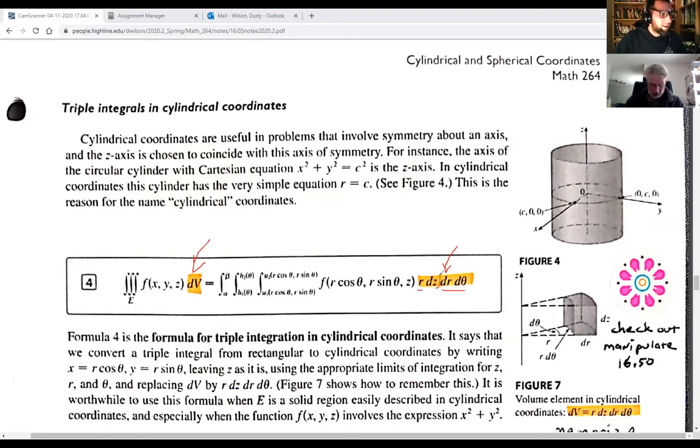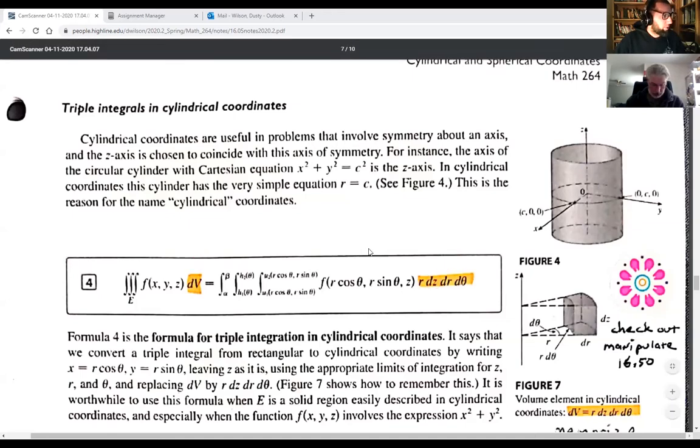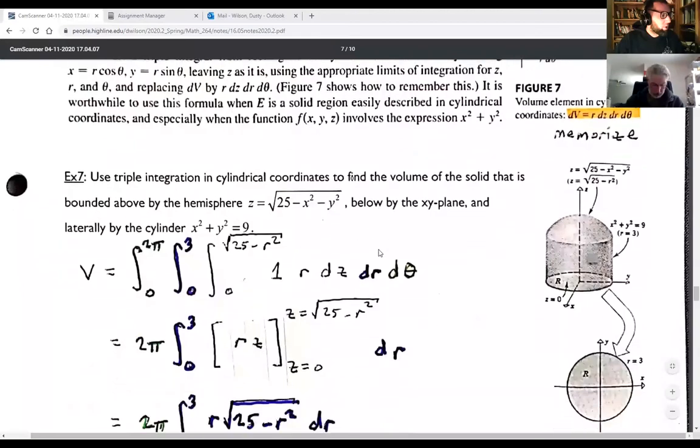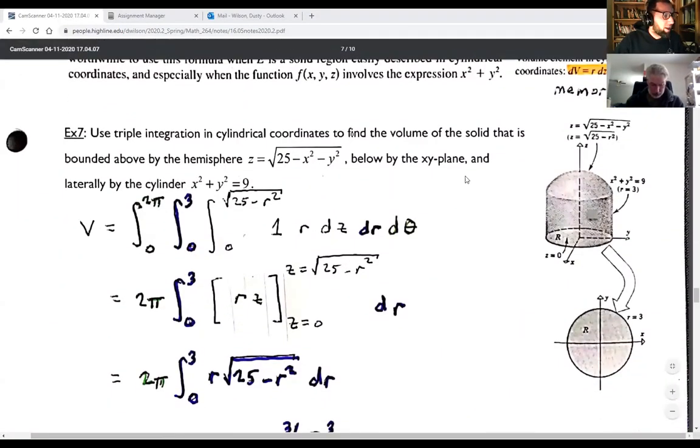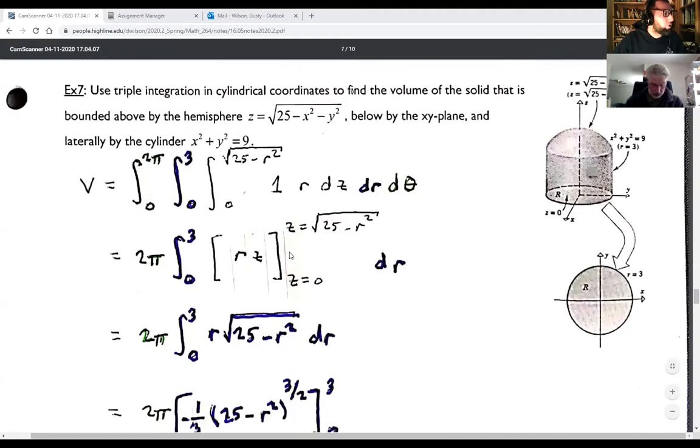We just added the dz part, because now we have a three-dimensional thickness to our differential element. So great, we've got our differential element, and now we can go through and evaluate a triple integral.